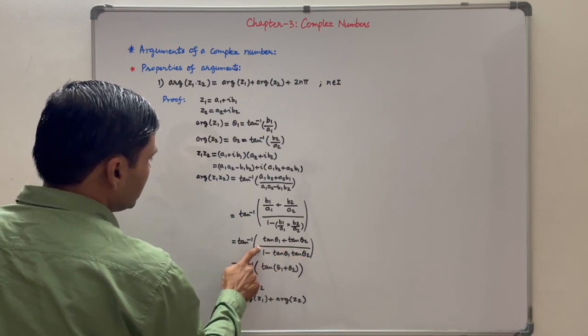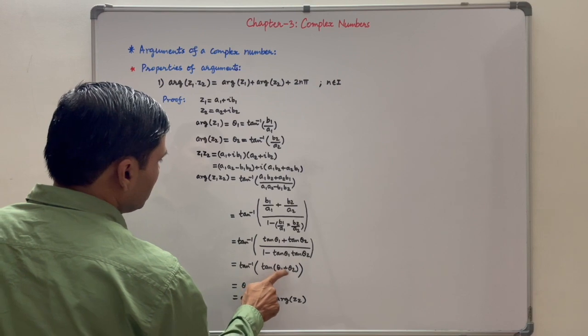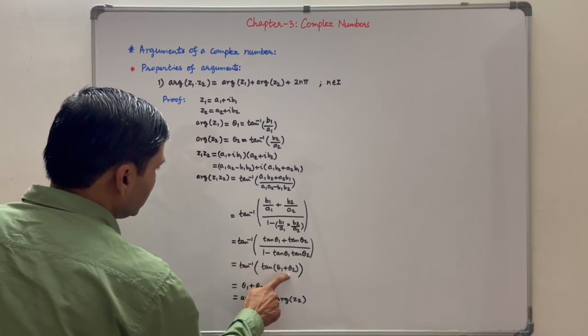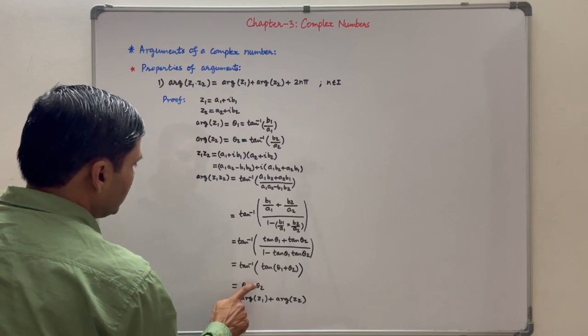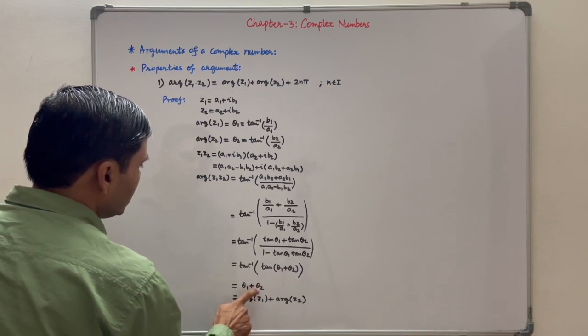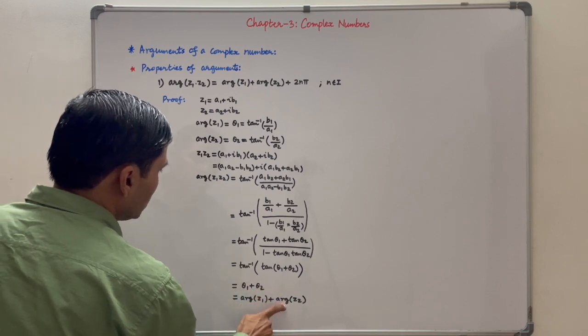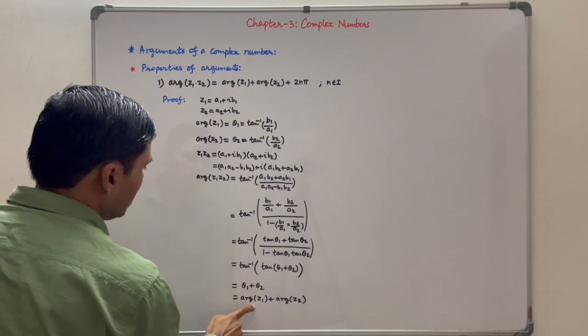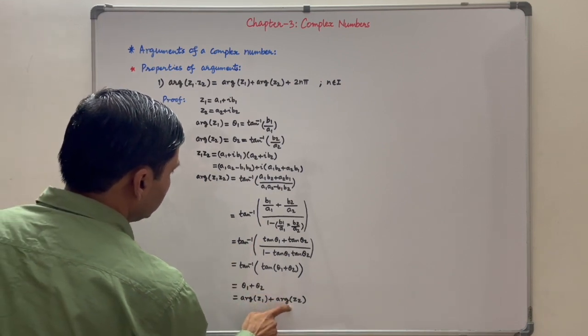We know this is the expansion of tan theta 1 plus theta 2. So tan inverse tan theta 1 plus theta 2 is equal to theta 1 plus theta 2. Theta 1 is the argument of Z1 and theta 2 is argument of Z2. So we can say argument of Z1 Z2 is equal to argument of Z1 plus argument of Z2.